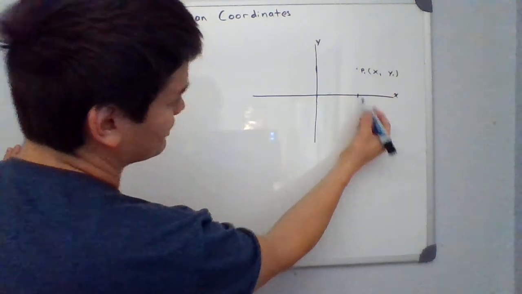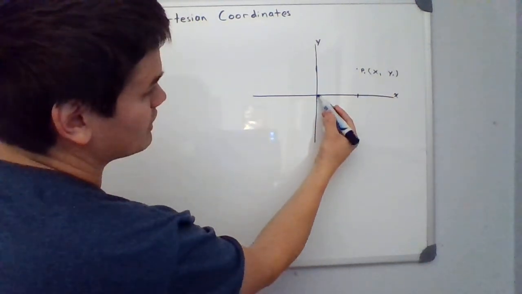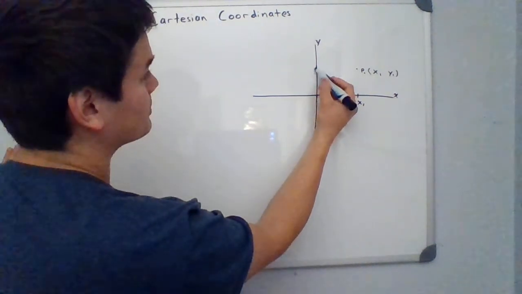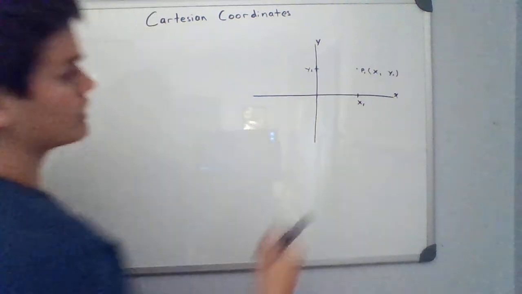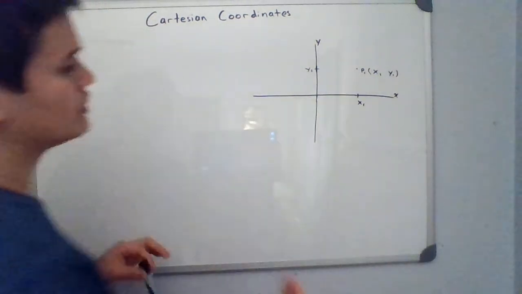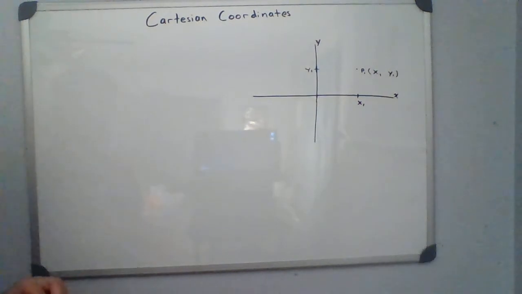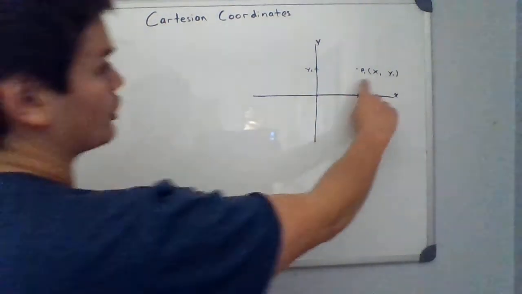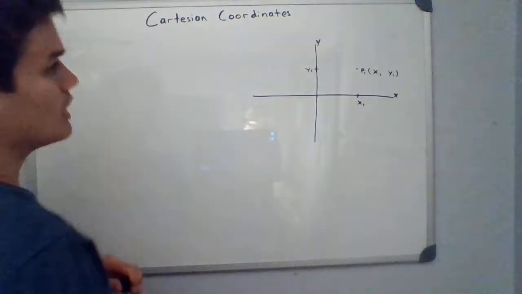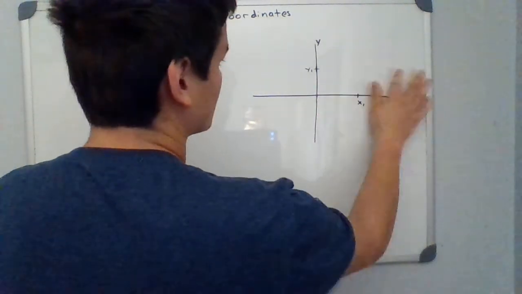What that means is that this has a displacement of x1 units horizontally and a displacement of y1 units vertically. So those are the two ingredients of a point. This is also called an ordered pair: a horizontal displacement and a vertical displacement.